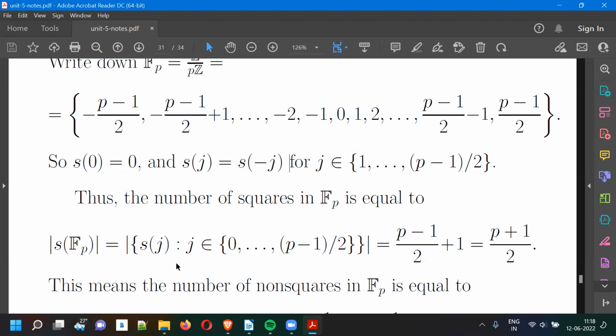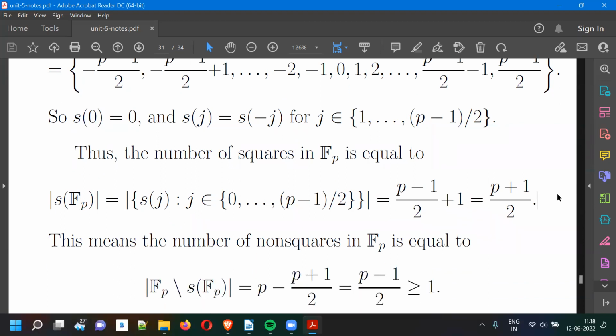So what is this set? S of 0 will contribute 1. And S of j for j between 1 to (P minus 1)/2 will contribute (P minus 1)/2 many elements. So the number of squares in FP is equal to (P plus 1)/2. So these are the number of squares in FP.